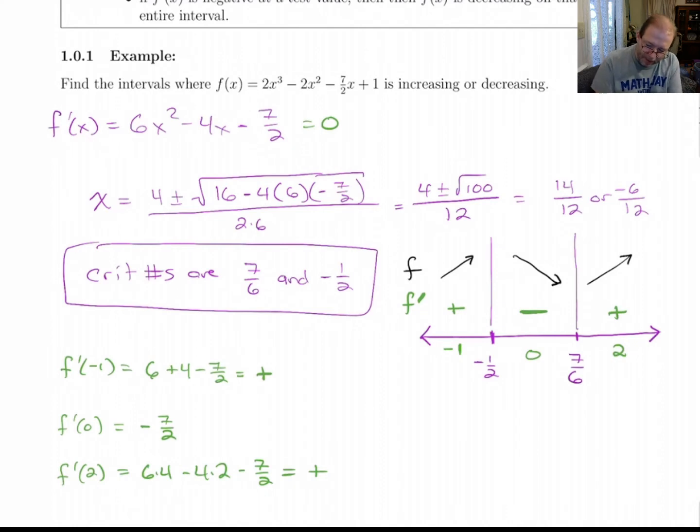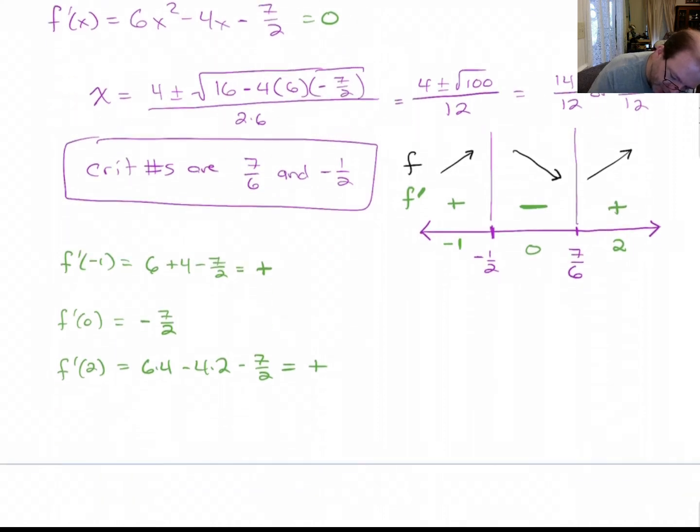Now, this lets us do a couple of things. I can write out the answer. The question asks, find the intervals where it's increasing or decreasing. So this thing is increasing on the intervals where the derivative is positive, or where it's going up.